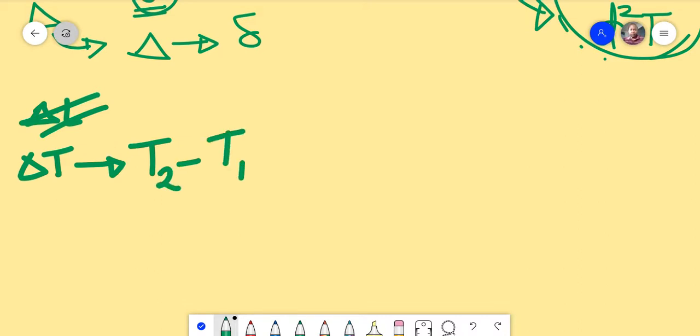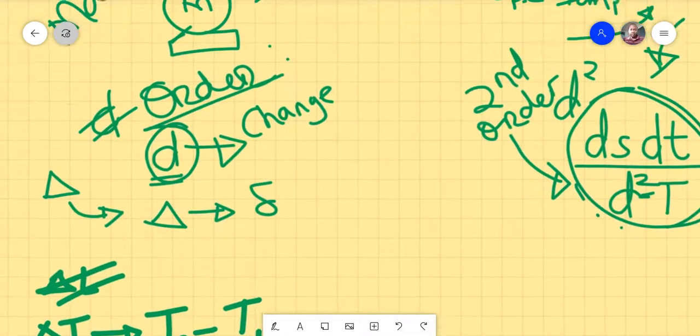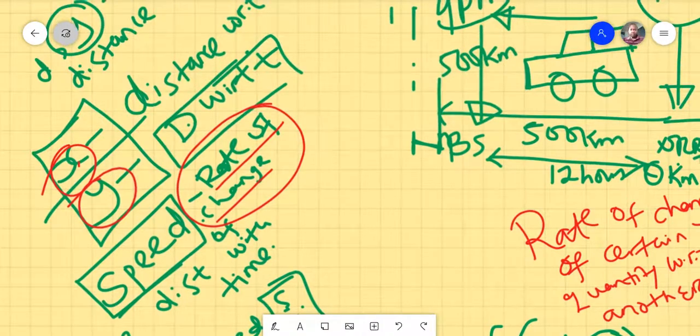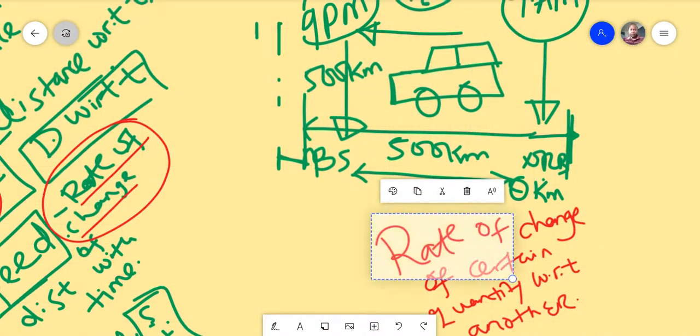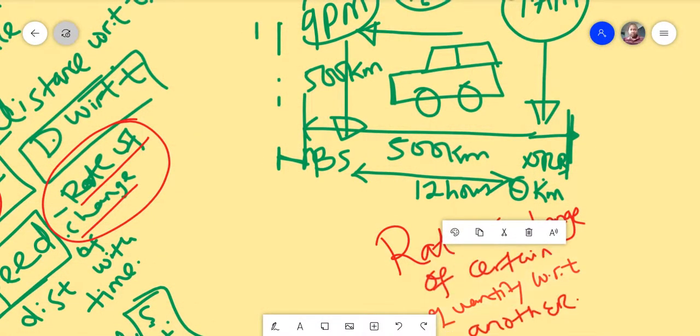Okay, so let's say our vehicle was coming from Nairobi.